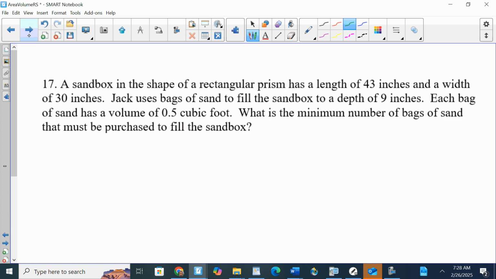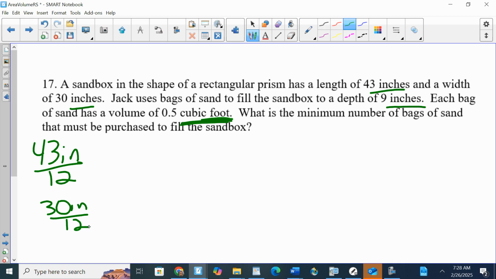Number 17, I've got inches, I've got inches, I've got inches, I've got cubic feet. Well, that's a problem. Whatever the volume is, that's what I need my units in. So I have to convert 43 inches to feet by dividing by 12, 30 inches by dividing by 12, and 9 inches by dividing by 12. 43 over 12.